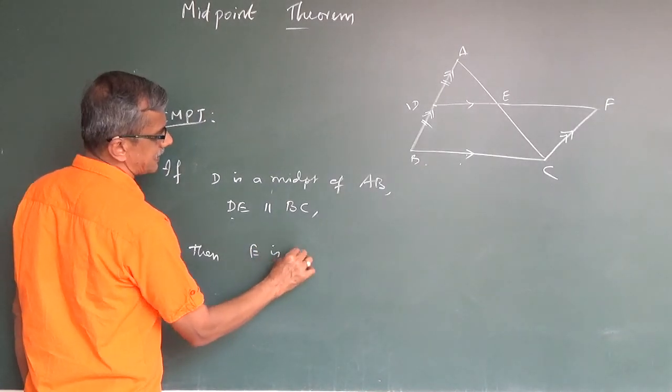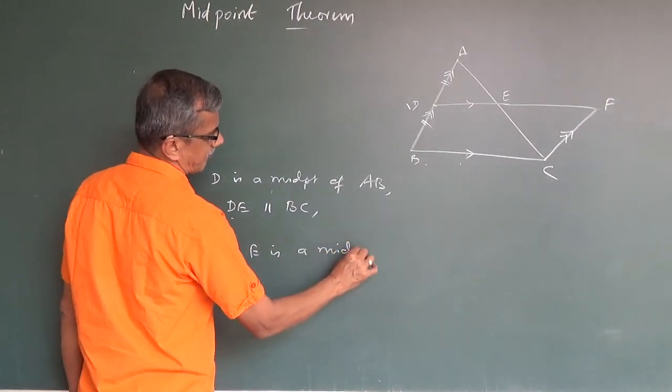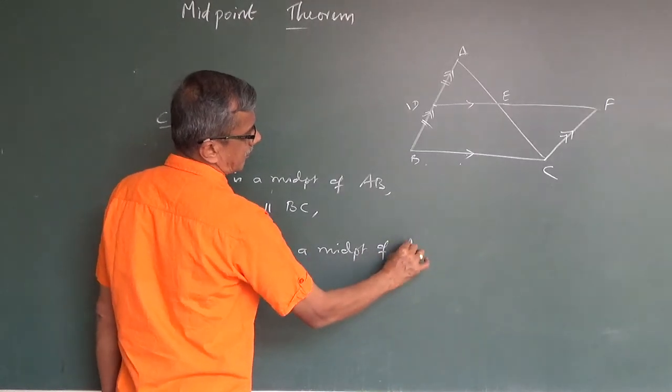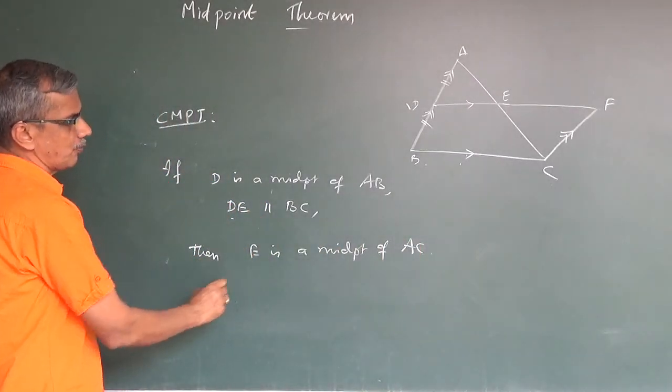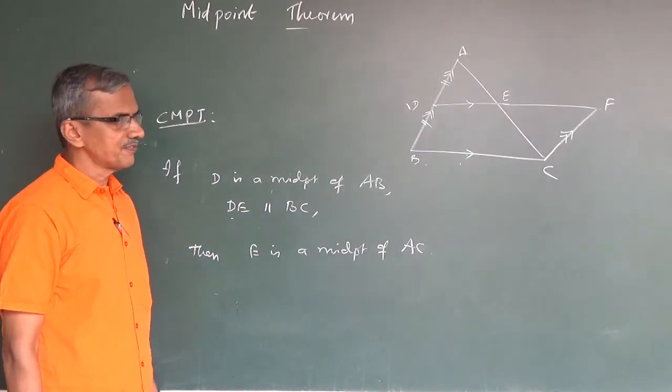Then E is a midpoint of AC. So this is the conclusion. If this is given, we can conclude that E is a midpoint of AC.